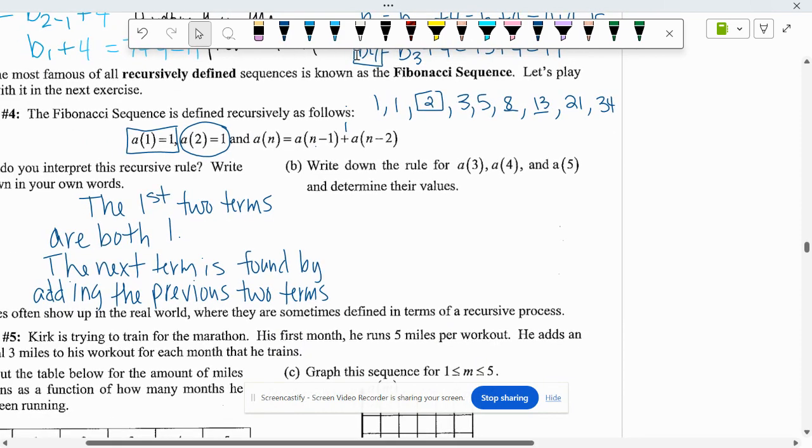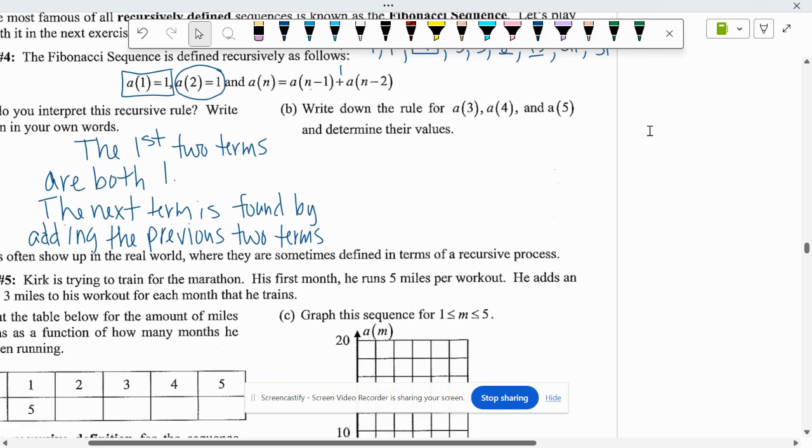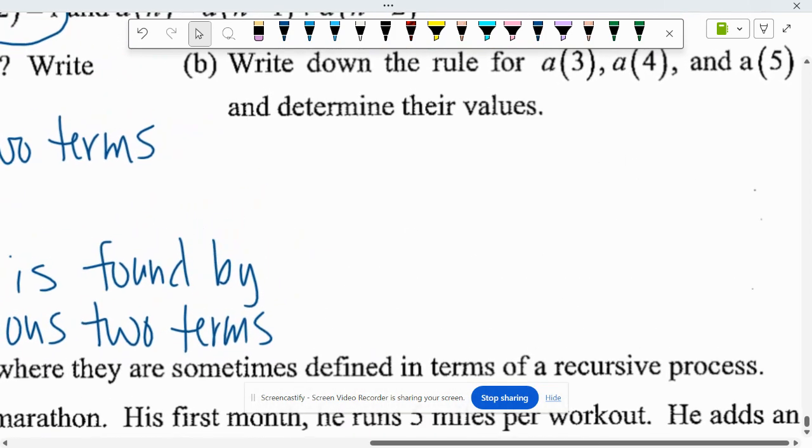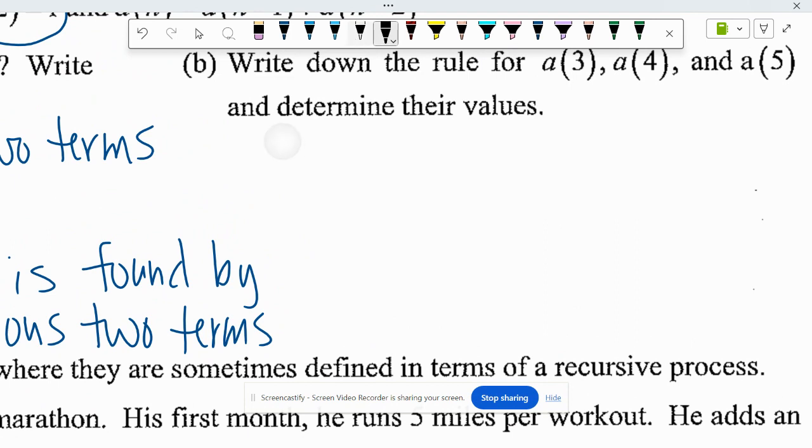So it says to write down the rules for the third term, the fourth term, and the fifth term, and we have to determine their values. So a sub 3 equals a sub 2 plus a sub 1, which is 1 plus 1, which equals 2.